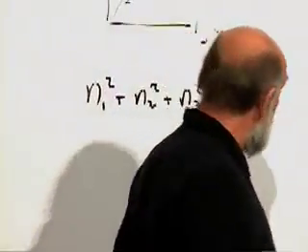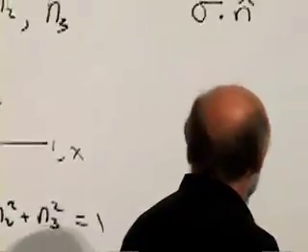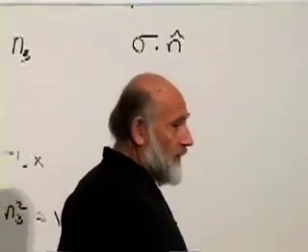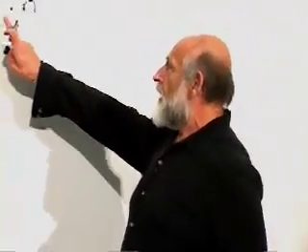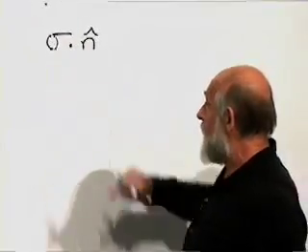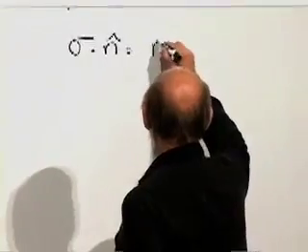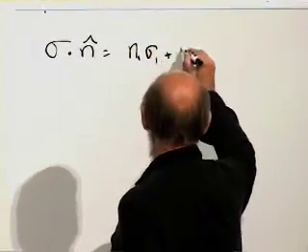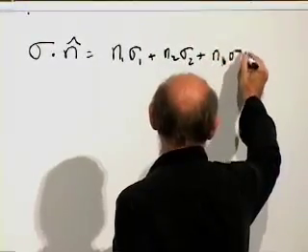That's the definition of a unit vector. And sigma dot n, this is the ordinary space dot product, not the inner product of two abstract vectors representing states, but just the ordinary dot product in space of a vector whose components are measurable quantities, and the unit vector n. By definition this is n1 sigma 1 plus n2 sigma 2 plus n3 sigma 3.